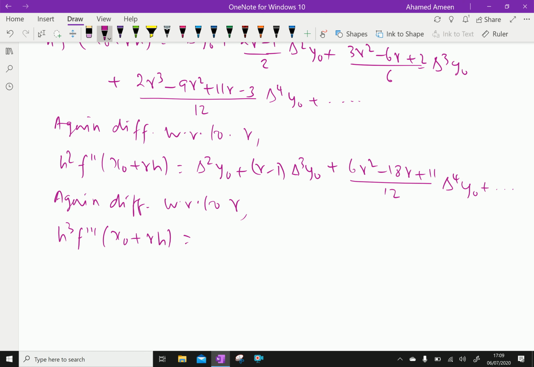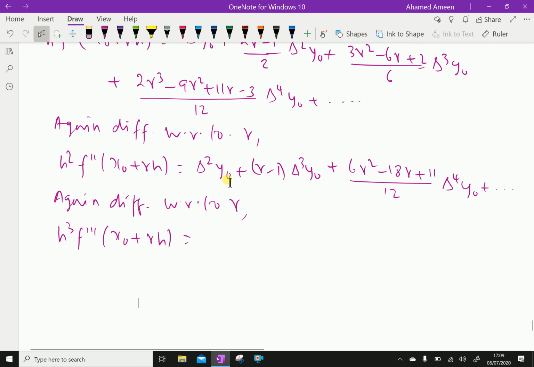equal to, here, this value becomes 0 because y0 is there.